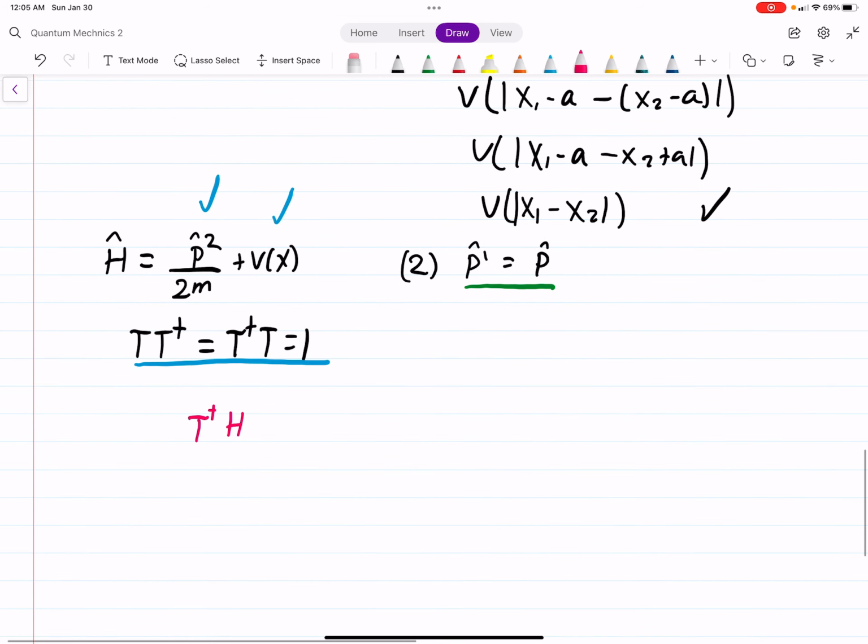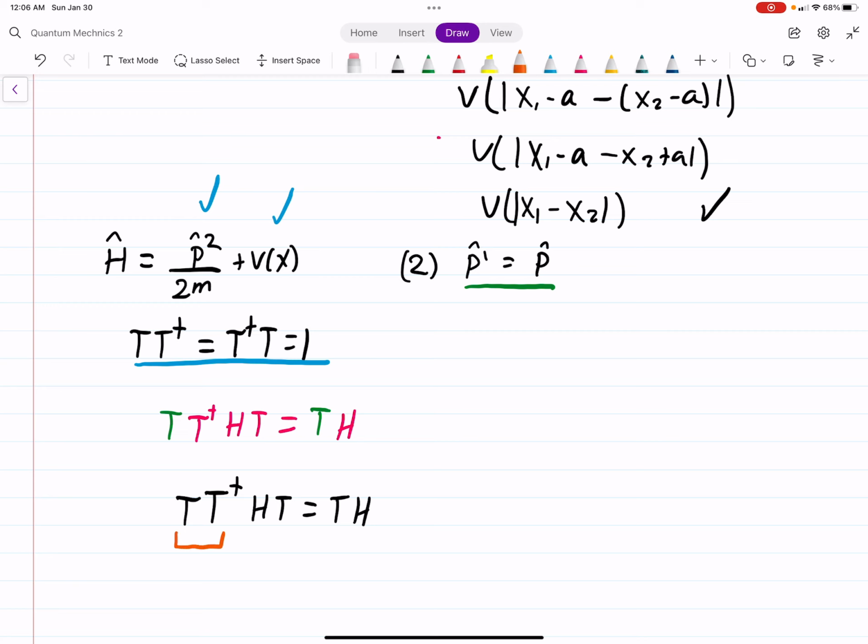T dagger HT equals H, and hopefully you see that I can write this as T dagger HT equals TH. But above, we know that this is equal to 1.